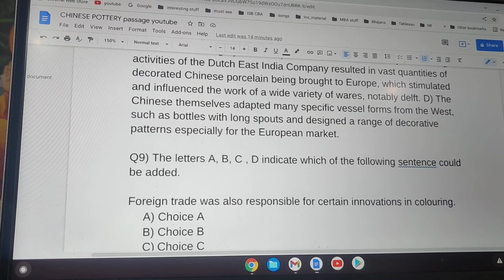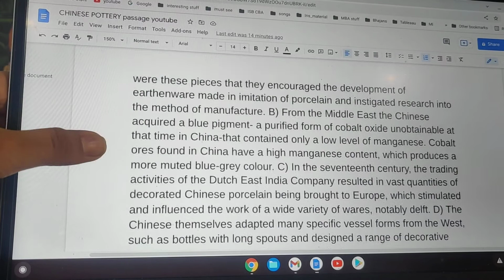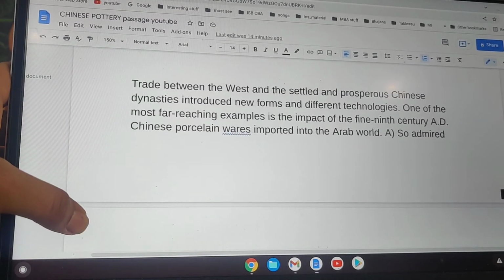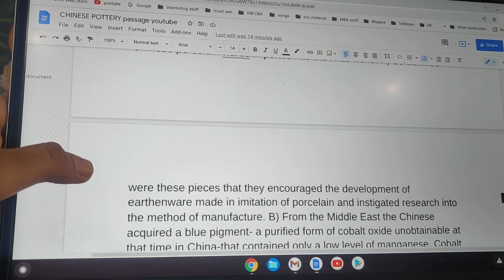Now here it is given: "Foreign trade was also responsible for certain innovations in coloring." So we also need to understand that it's saying "certain innovations," that is, some idea about innovations has been introduced earlier. Now if we read all these lines, "One of the most far-reaching examples is the impact of the 9th century AD Chinese porcelain wares imported into the Arab world."